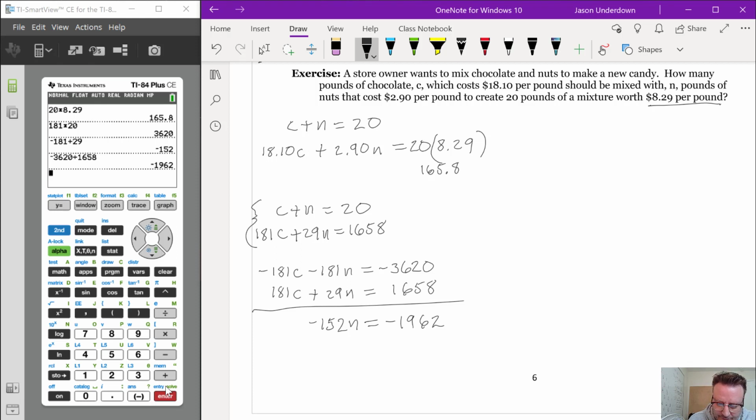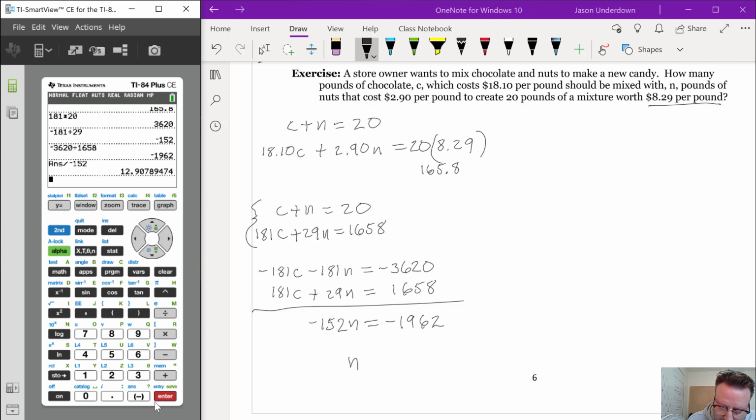All right. And divide both sides by negative 152. So divide that last answer by negative 152. And I get, we're measuring in pounds, so I think the nearest hundredth of a pound will be sufficient. So I'll say N is approximately 12.91.